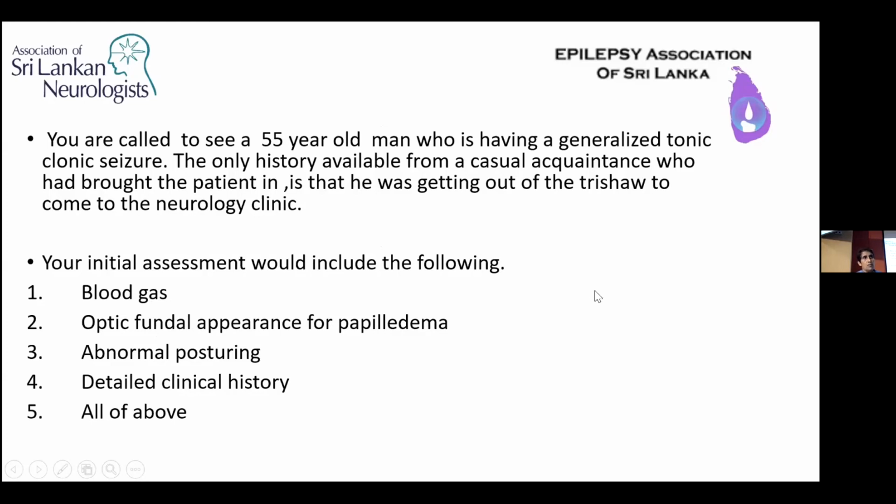We have to treat the seizure, get the cannula in, look at the airway, breathing, circulation, and assess the patient. When assessing the patient, we are only going to look at two things. One is to look for things that are going to kill your patient. Second, to look for an etiology that needs treatment other than anti-epileptics. If you remember those two things, the assessment becomes easier.